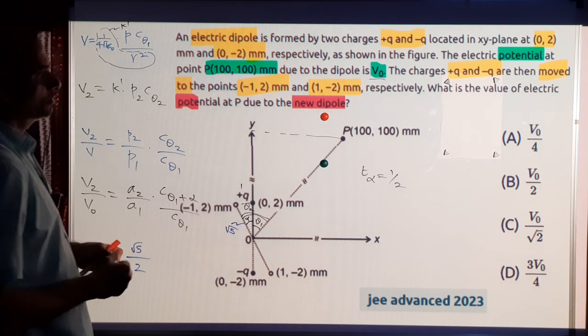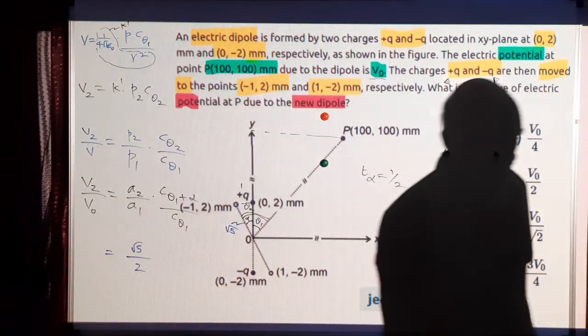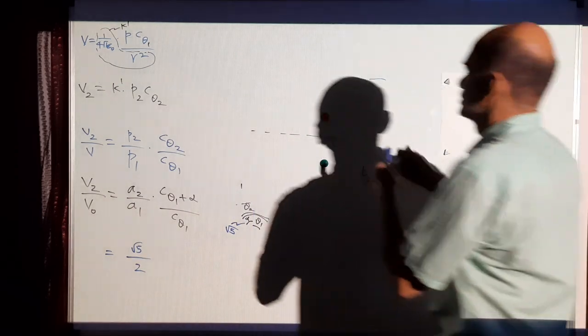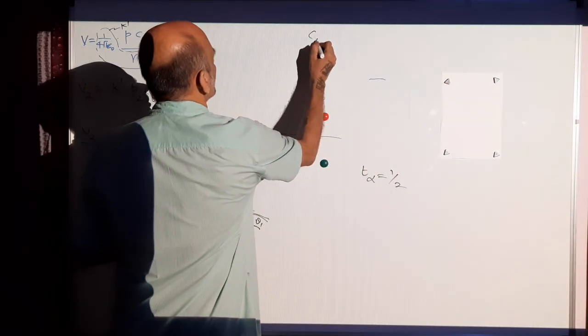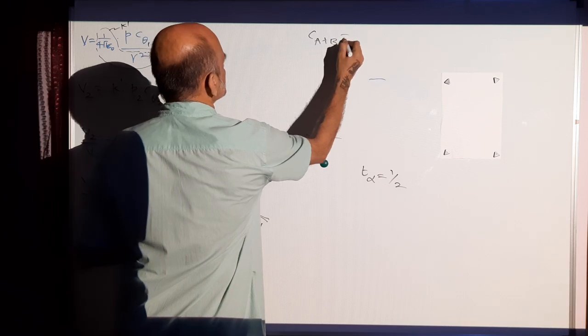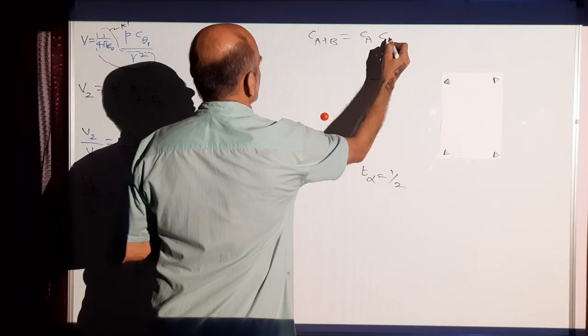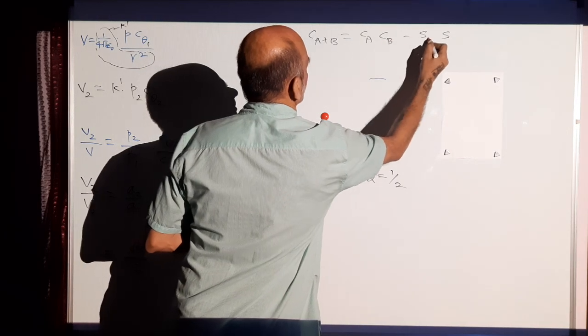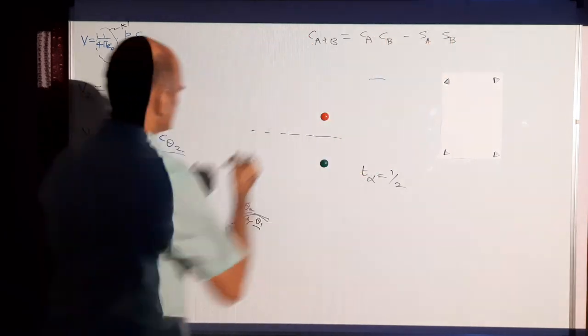And cos A plus B formula, cos A plus B is cos cos minus sin sin. So this we can use here.